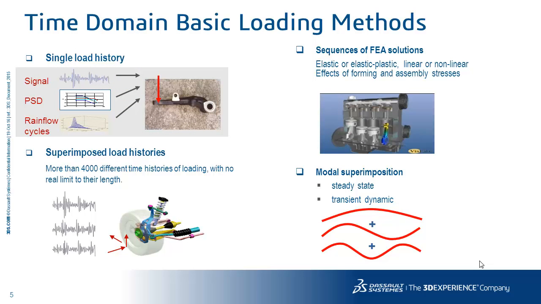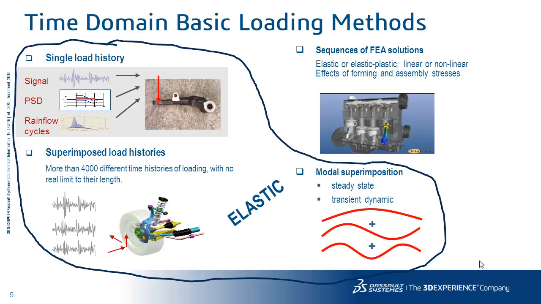So these are the four basic methods, and I'm just going to, for simplicity, say these are the ones for elastic. Basically it's superposition of linear results either in the time domain or modal steady state.